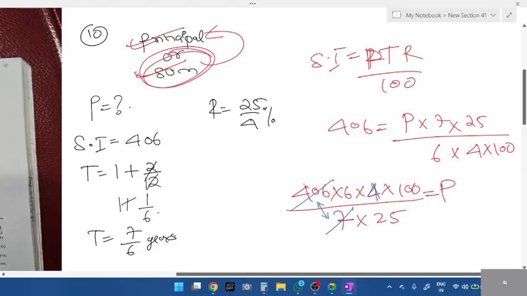7 ones are 7, 5 sevens are 35, 7 eights are 56. 21 ones are 21 fours are. Okay, you'll have 58 into 6 into 4 into 4. This one will give you the answer, students. It should be in rupees. Principal is always in rupees.